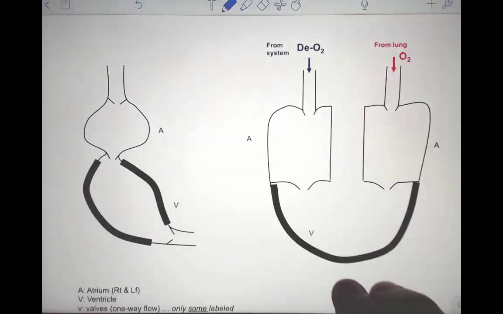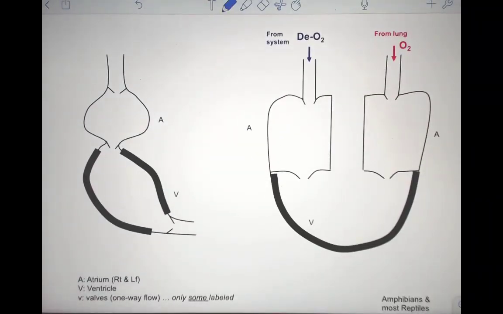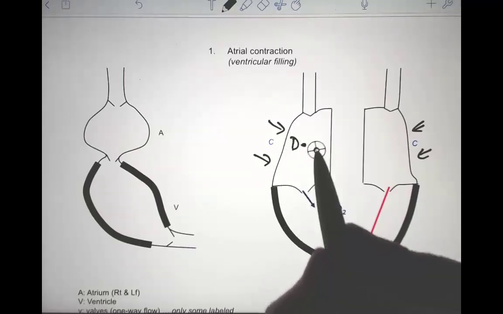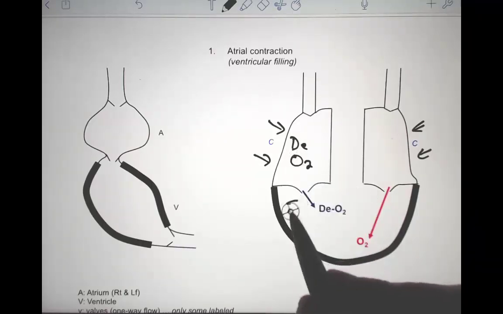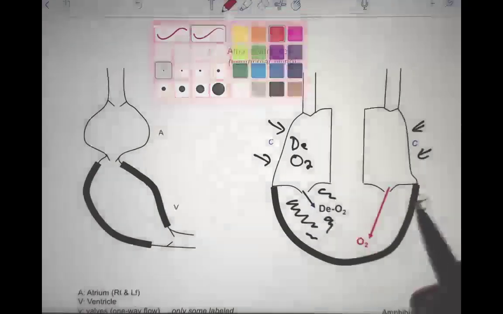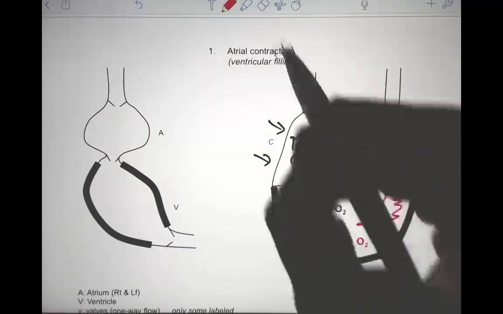And now let's talk about the blood flow from the system and the lung, and in this case we're talking about amphibians and most reptiles. Contracting deoxygenated blood from the system, moving in to this area in an amphibian or a reptile heart, whereas the oxygenated blood is filling this area.